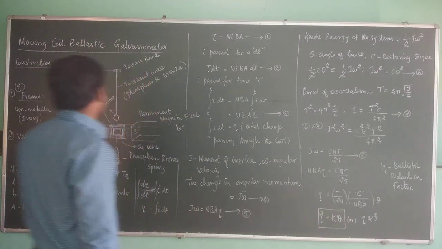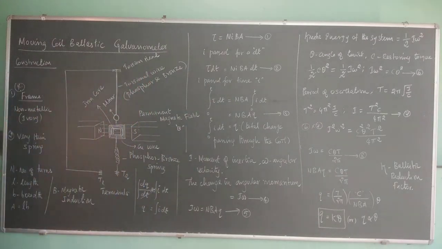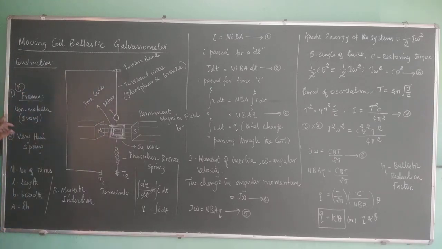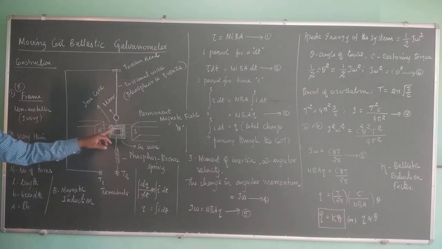So what is the characteristic difference between the moving coil galvanometer and the ballistic galvanometer? The one important difference in the experimental setup is that the coil is wound on a non-metallic frame which is made up of ivory.